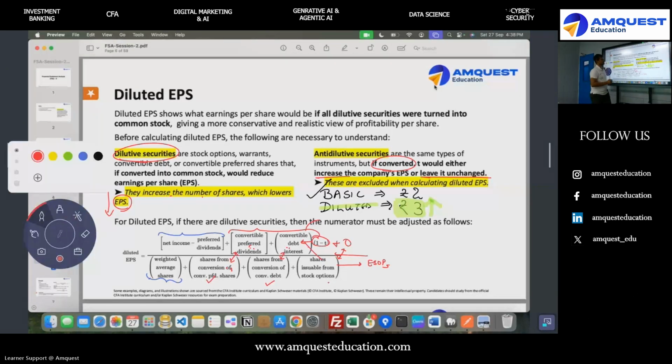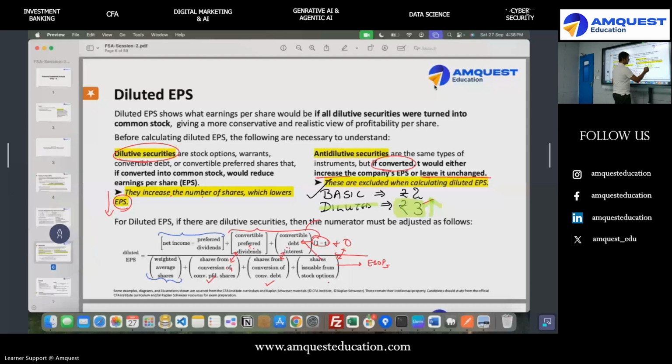So what do I do? I need to ignore 3 and report 2. Learn this carefully. If your basic EPS does not go down, then there's no dilution. Tell the shareholder, basic is 2, diluted is 2. But if it goes down, then you tell him, basic is 2 and diluted is 1.5 or 1.